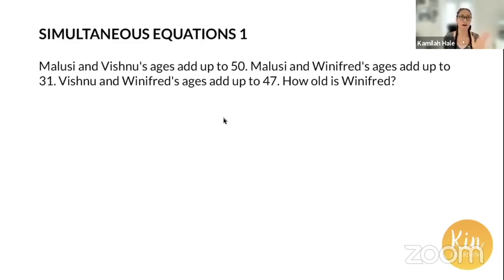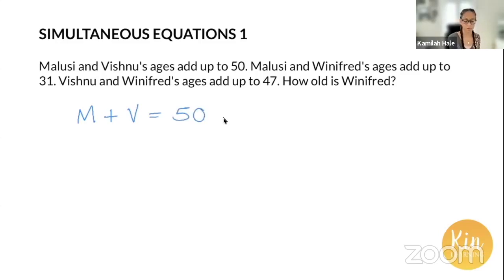If you've just finished year 4 and you're going into year 5, then this might be a bit new to you, but it's something that you can definitely pick up today. So Malusi and Vishnu's ages add up to 50. If I have M for Malusi, because I don't want to write the whole name, M for Malusi plus Vishnu equals 50. That just represents the information we've been given.